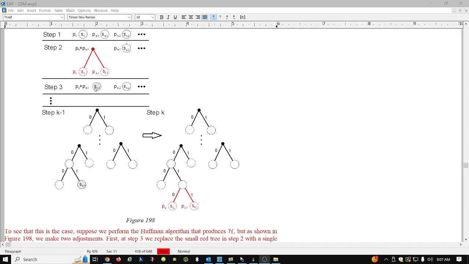However, the point is that once this initial little mini tree is created in step 2 in any Huffman algorithm, all that matters for the rest of the steps is the top vertex and its probability or frequency, because the rest of it just goes along for the ride all the way through the algorithm. You just keep recopying it. You don't change it. You don't even look at it.